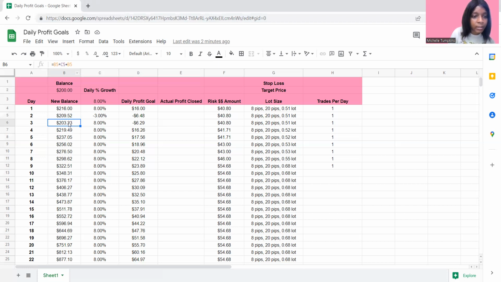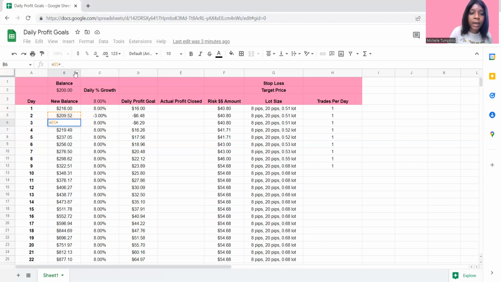So you see how this, we're gonna delete all of this, you guys, and we're gonna redo this because it's actually trying to multiply it by the negative 3.0%. So we're gonna take the 209.52, also known as column B5, B row 5.